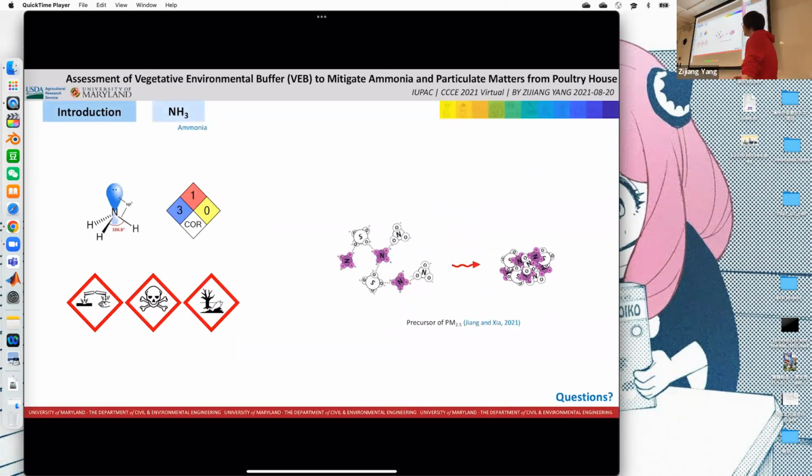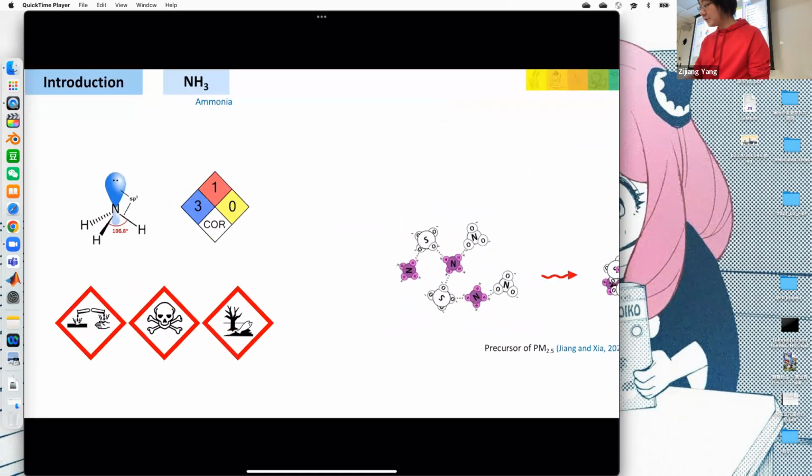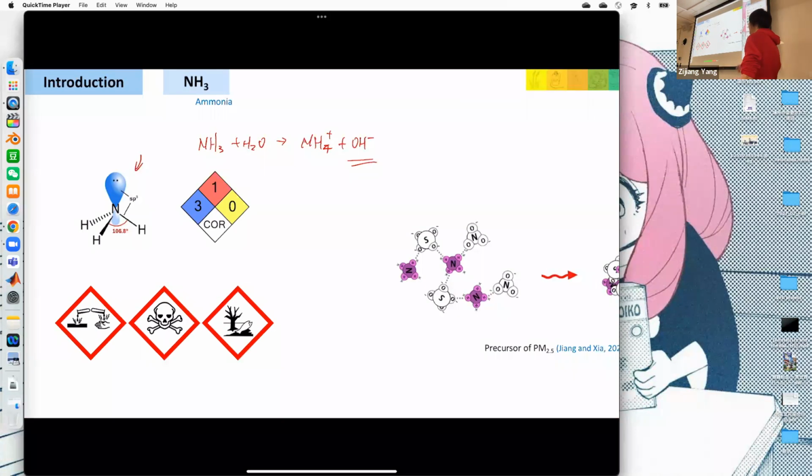And the last one is ammonia. I think we are very familiar with ammonia. This is its chemical structure, and ammonia in the air can react with water to form ammonium. In this reaction, we can see that OH minus will be generated.